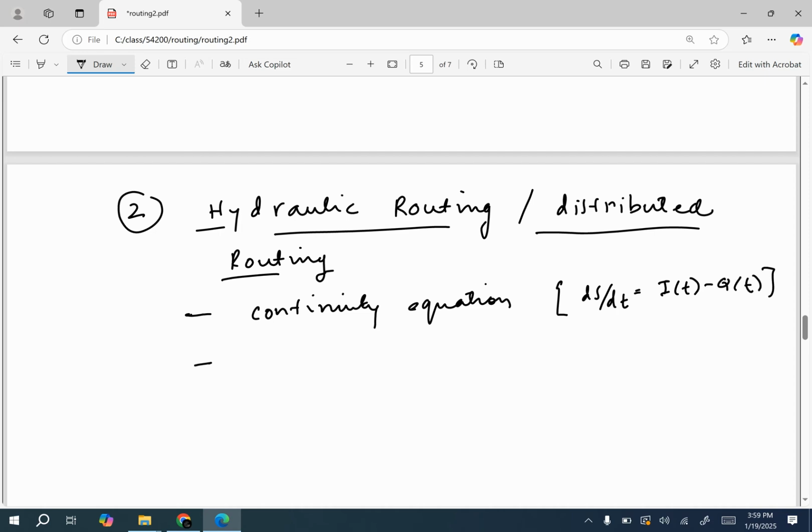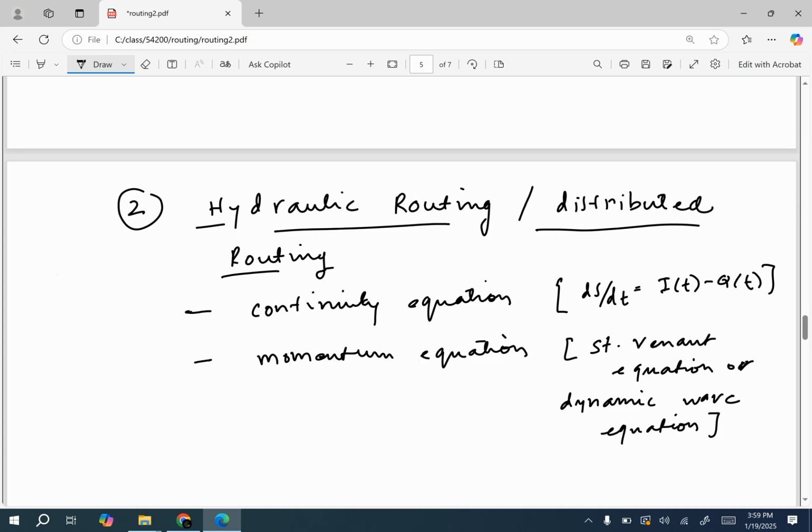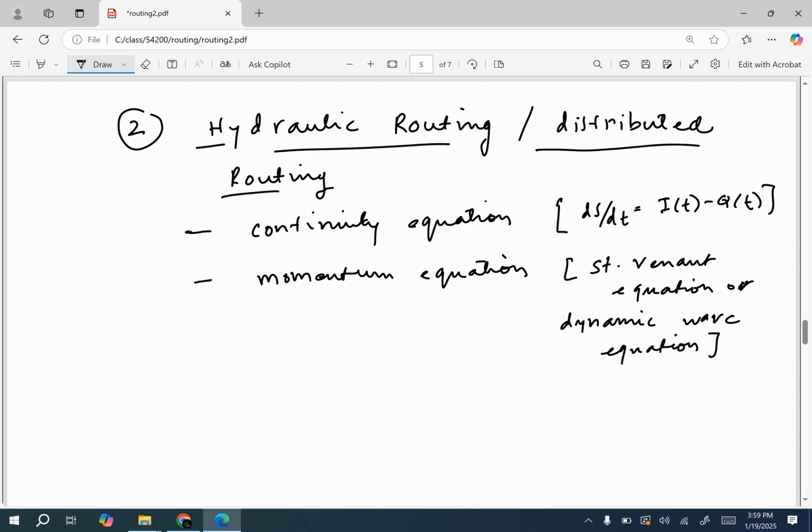The second equation is the momentum equation. This could be the Saint Venant equation or the dynamic wave equation. You may have heard of or used these differential equations, which we are not going to use in this class.